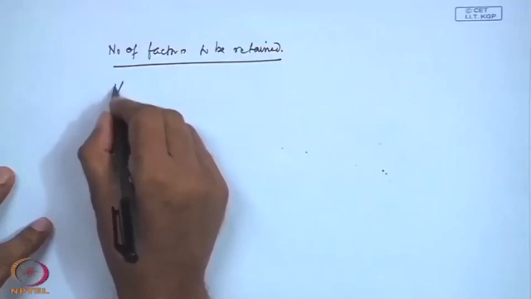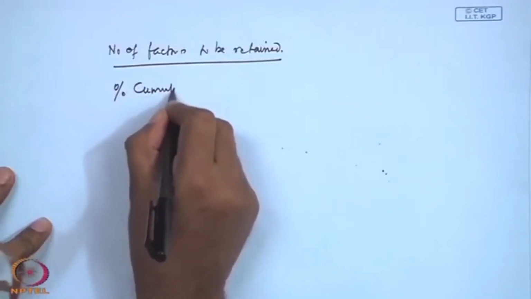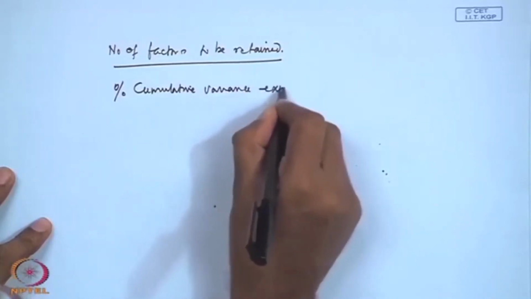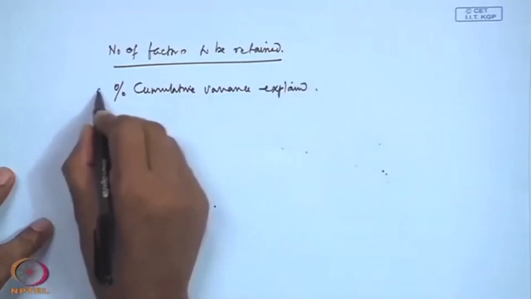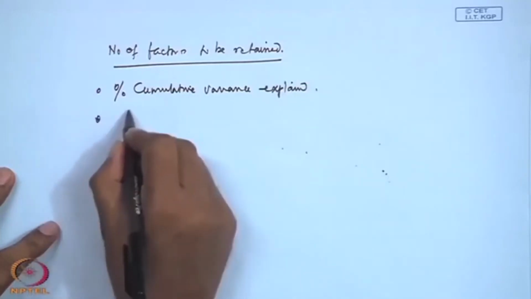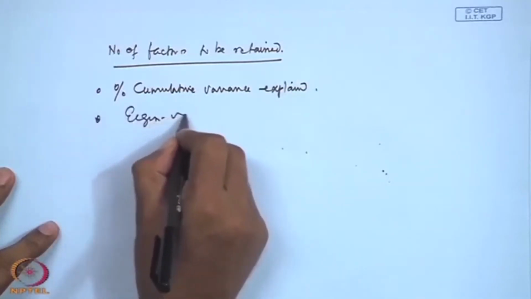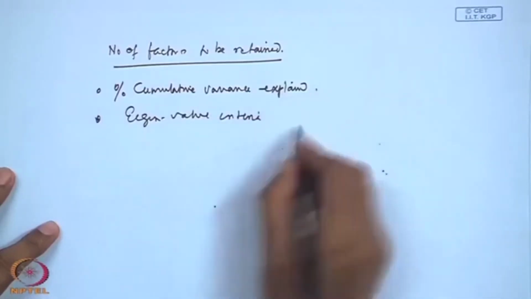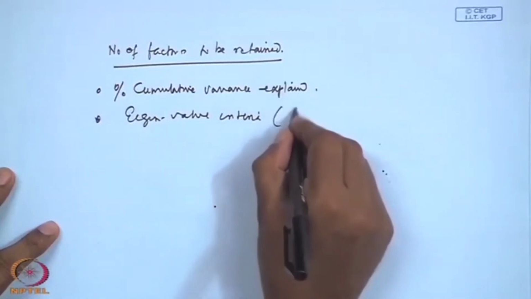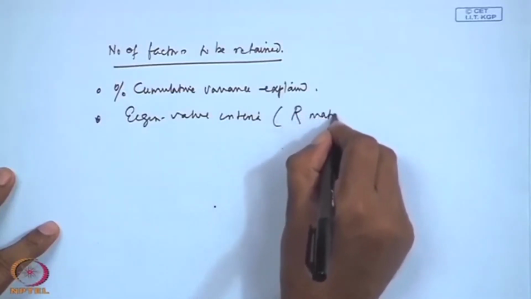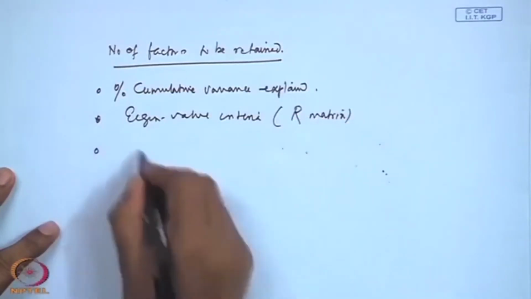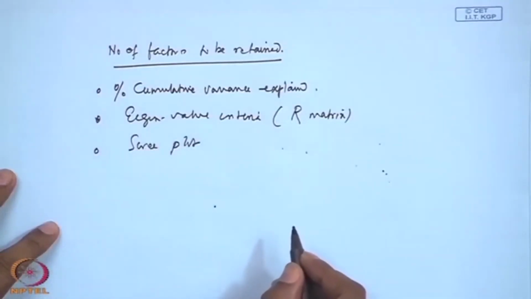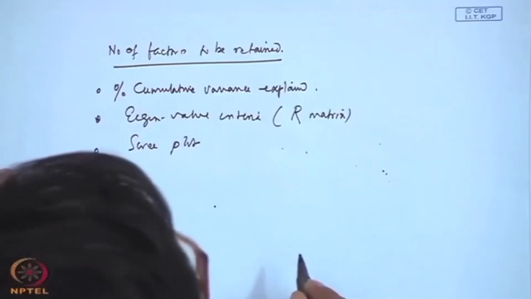For example, percentage cumulative variance explained, then we have also given you the eigenvalue criteria, which applies when you use the R matrix, then the scree plot is there. Similar many things we have explained there.